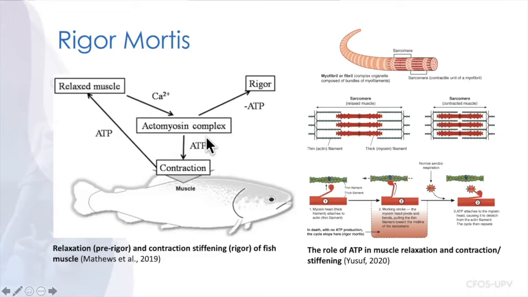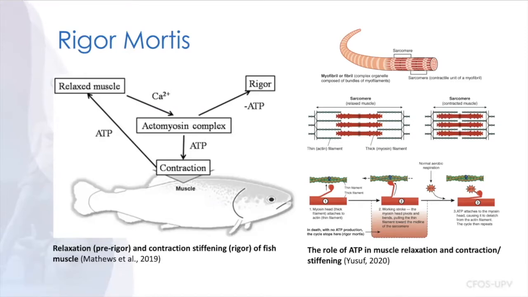Now, imagine niyo na pag-relax siya, madami siyang ATP, and during the rigor mortis state, paubos na yung ATP, right? So there's no more energy to fuel the processes in the cell for the calcium ions to be pumped out. So ang mangyayari niyan, di ba, sabi ko kanina, there will be a relaxed pre-rigor state.